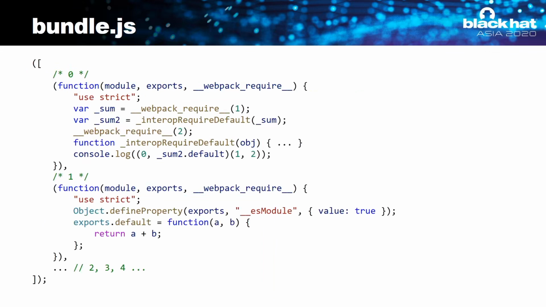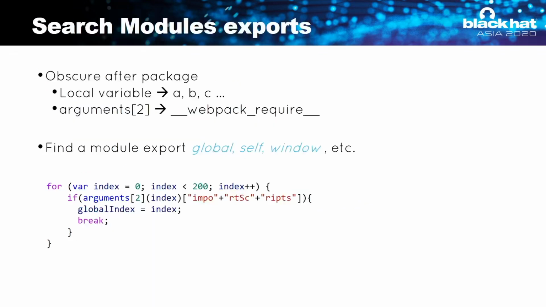Module 0 is index.js and module 1 is sum.js. We can see that in the index.js module, sum.js is loaded by the function __webpack_require__(1). So we can search all the installed modules for the one exporting the global object. Although our code is obfuscated after packaging, we can use the third argument to call webpack require.